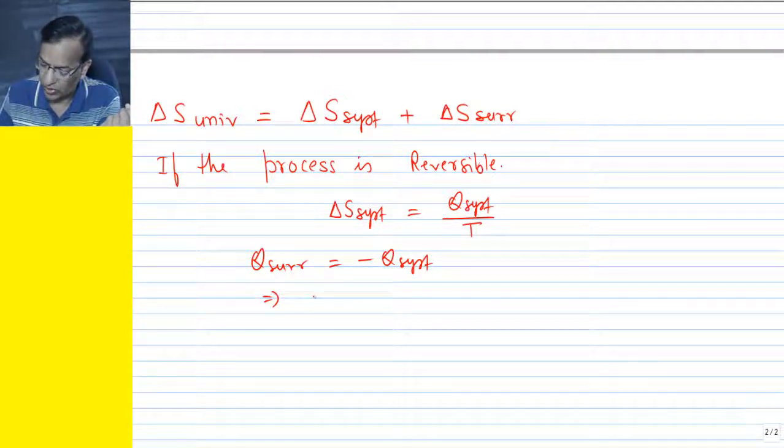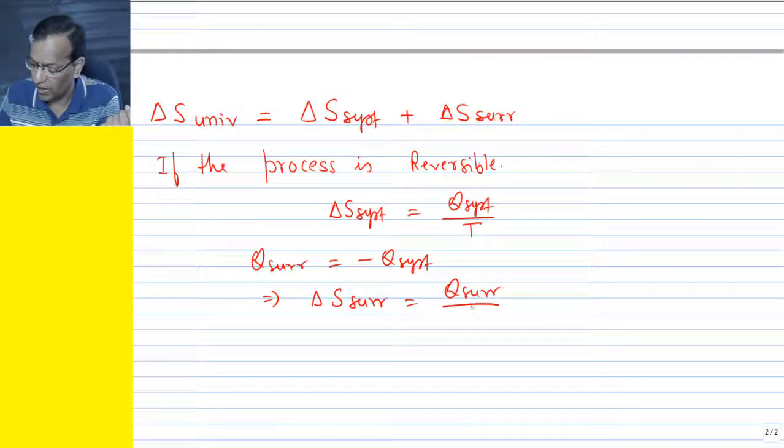So delta S surrounding will be Q surrounding divided by T, which is minus Q system divided by T.